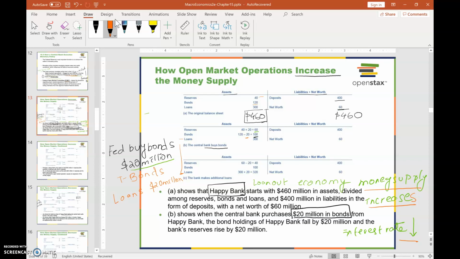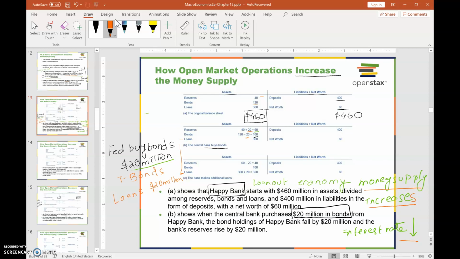Now, the Fed is buying bonds and the Fed is providing the commercial banks with reserves. That means the commercial banks are getting extra money. So the amount of reserves is increasing from step A to step B by $20 million.